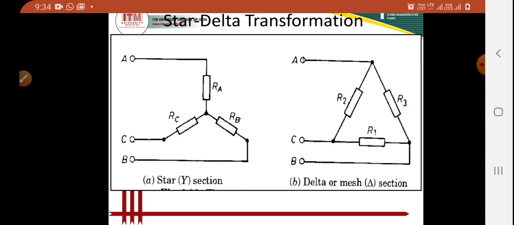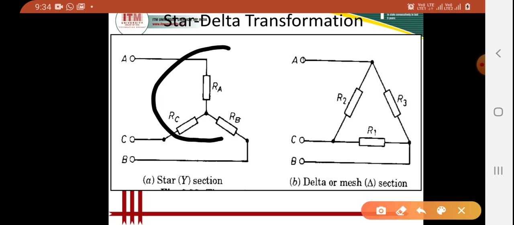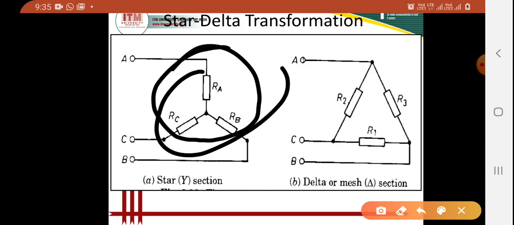Here we have taken three resistances, or three impedances, and you connect them like this. Then this type of connection will be a star connection.